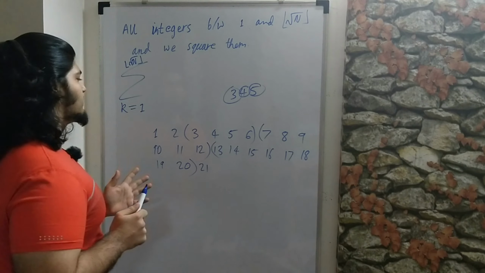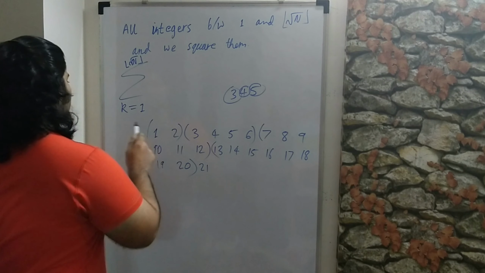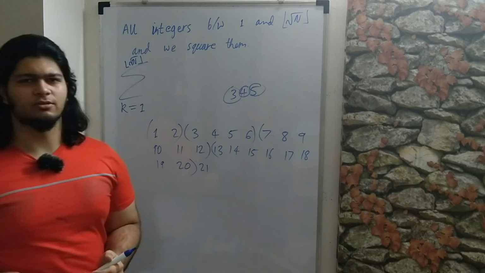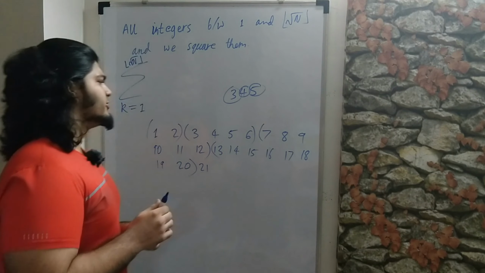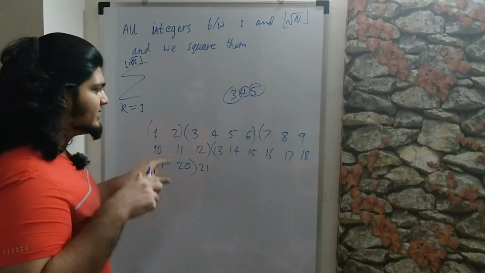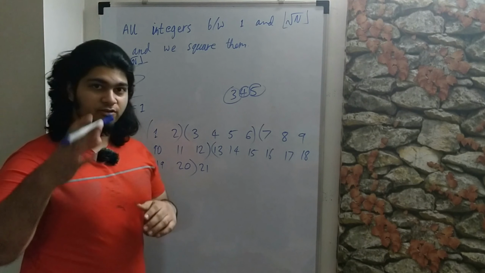And of course we have this bracket between 1 and 2. Ideally we should have 0 also, but we'll forget about 0 because the question doesn't include it. So we have all these brackets set up, and then we find out how many of them are a perfect square distance away.